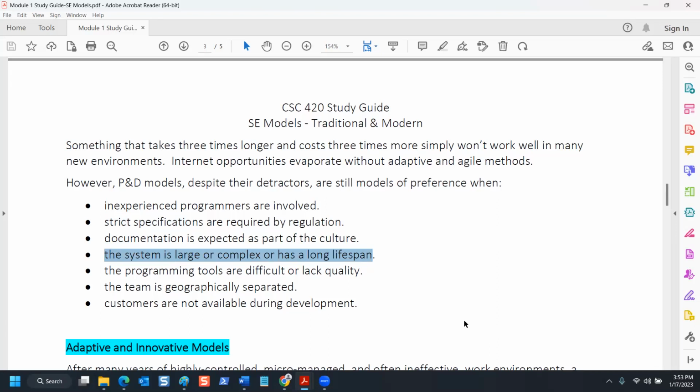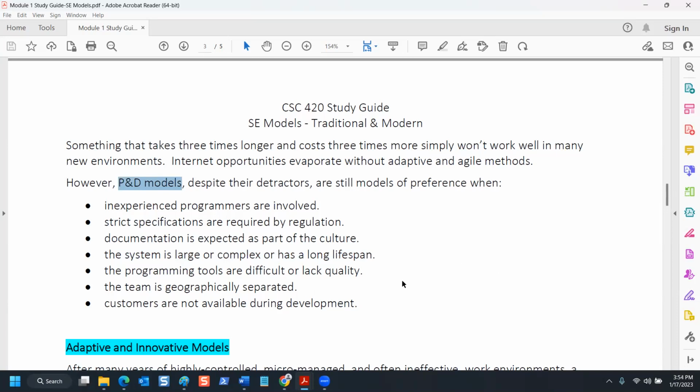We'll talk about that more. You can implement an SDLC concept where it's really more like a P&D model. Or if you're innovative and you want to mix it up and do a hybrid, you can turn SDLC on its side and integrate some agile methods.